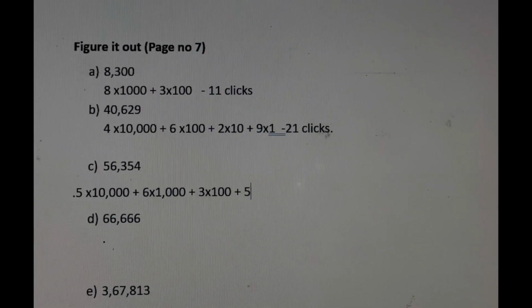Then tens button 5 times. And ones button 4 times. So now find out the number of clicks. Before I say the answer, you should be able to find out the number of clicks. Yes, if you are getting 23, it is correct. So 23 clicks are there in this particular question.